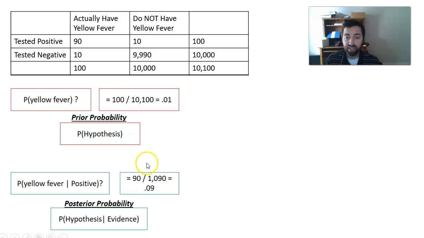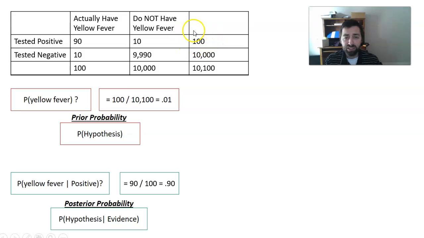And so if I recalculate it, it's not going to be 90 over 1090, it's going to be 90 over 100. Of all the times that it's come back positive, it was accurate 90% of the time. And so now if the test comes back positive, then I know that there's a 90% chance that you really do have it.